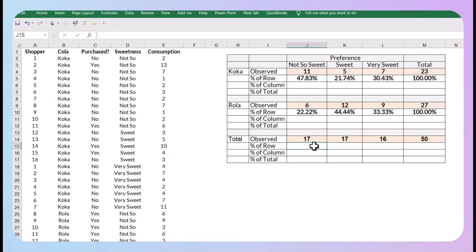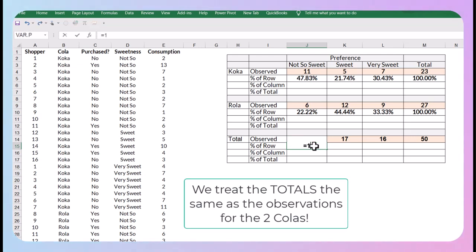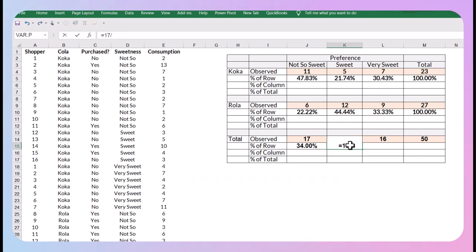Now I'm going to do my totals: 17 divided by the total of 50, then 17 divided by 50, and then 16 divided by 50. That should also sum to 100. All right, so that's the percentage of rows.